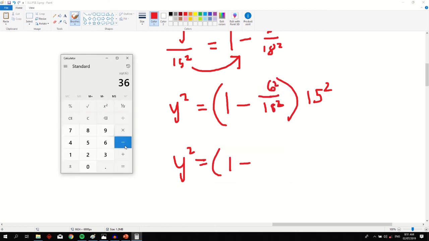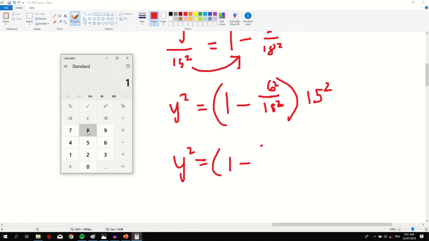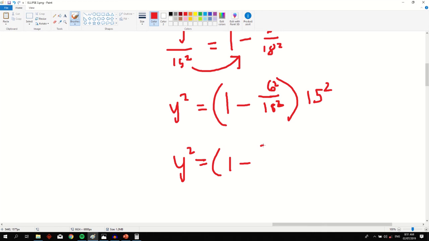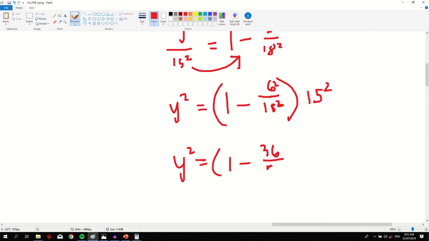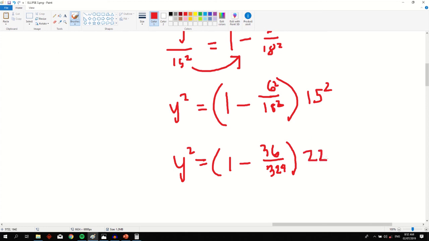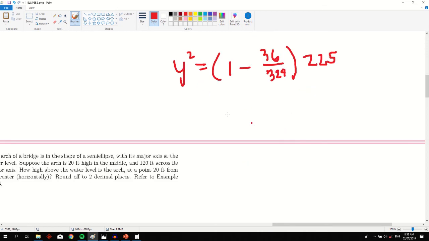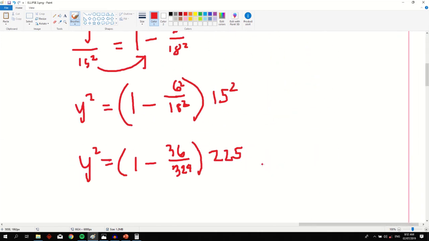So 6 squared, 36. How about 18 squared? 18 squared, okay, it's manageable. So this is 36 over 18 squared, which is 324, times 15 squared, which is 225. Now we will have it.